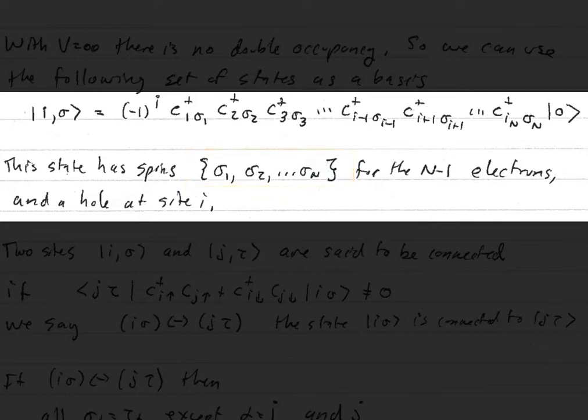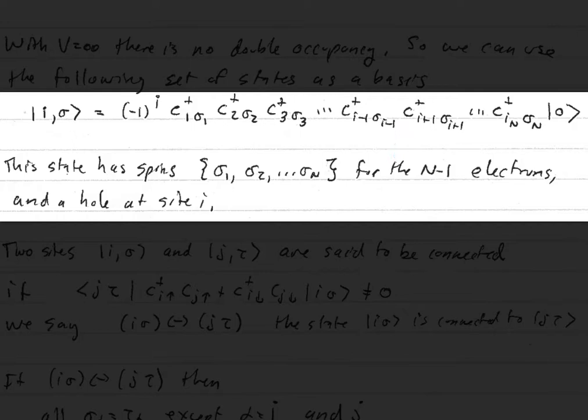But if you notice here in the state that we've created with the C dagger 1 sigma 1, C dagger 2 sigma 2, C dagger 3 sigma 3, notice that the C dagger I sigma I term is not there. So we call that a hole. That's the absence of an electron.